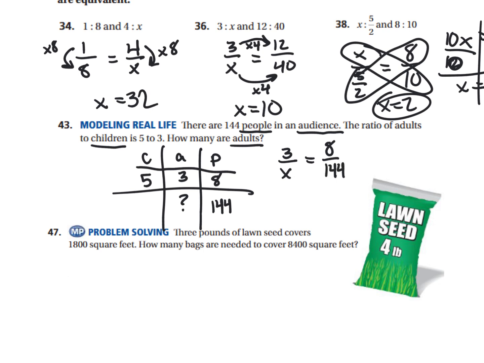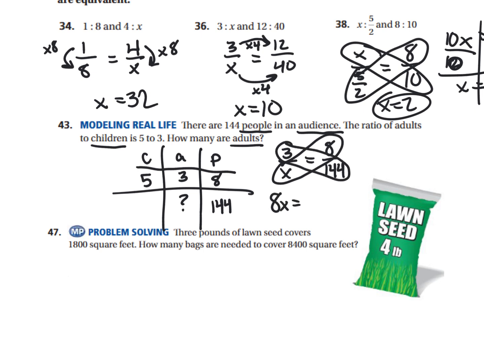Now, I know a lot of us are going to set up the proportion 5 to 3 is equal to 144 over x. I know what's going to happen, but it's really, really important that you recognize what labels they're actually asking about. In this case, it's adults and people. All right. From here, I don't know how many 8's go into 144, so we're just going to cross multiply these really quick.